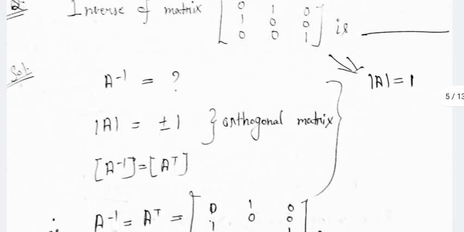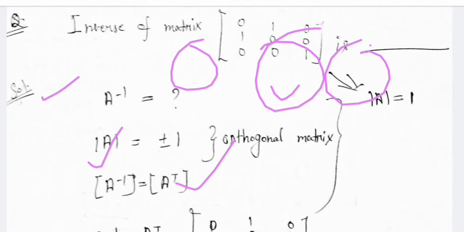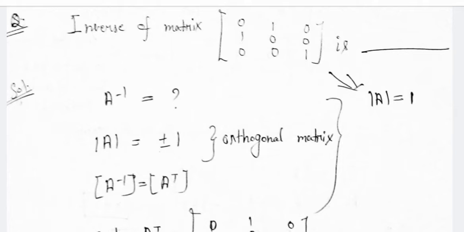Here we find the inverse of the given matrix. The matrix is given like this. Firstly we find the determinant of the matrix.